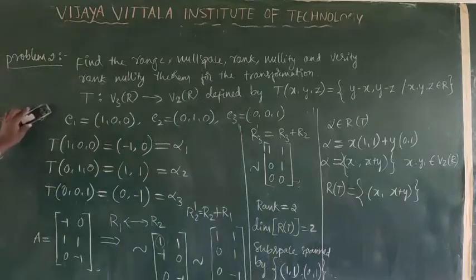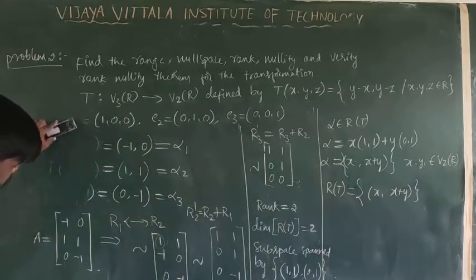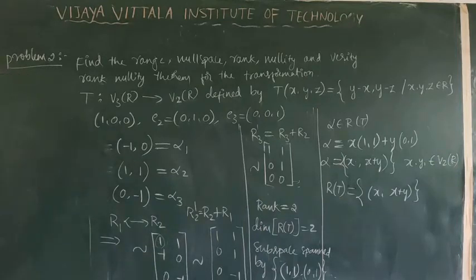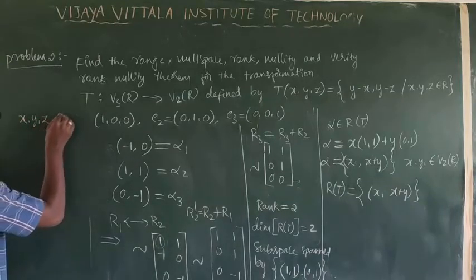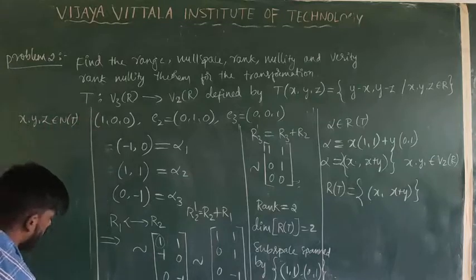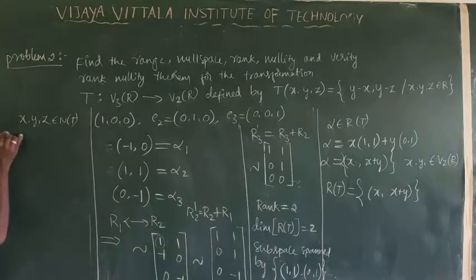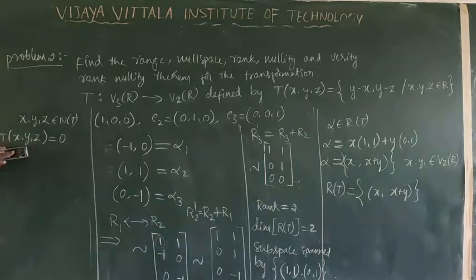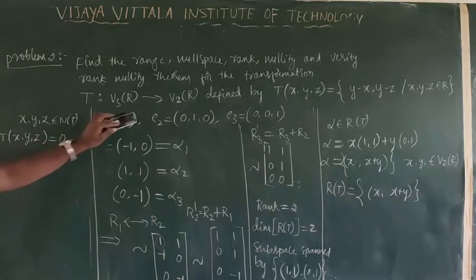Next we have to find the nullity. Null space, then nullity. To find the null space, we take x comma y comma z belongs to N of T, meaning T of x comma y comma z equals 0.